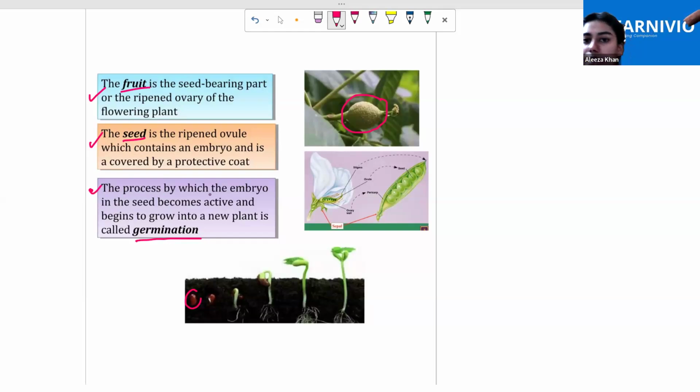So you can write: the process by which the embryo in the seed becomes active and begins to grow into a new plant. So no need to write the first two, right? No, no need to write the first two, only write this germination.